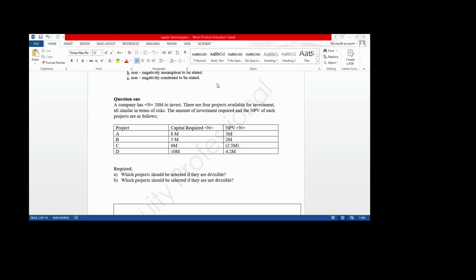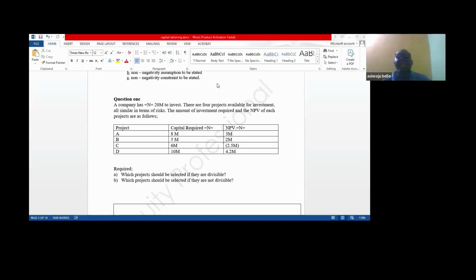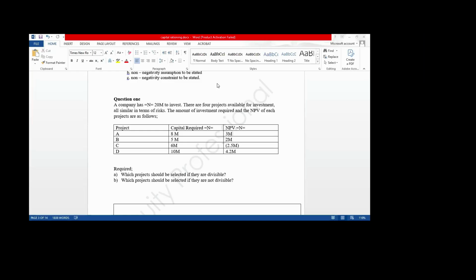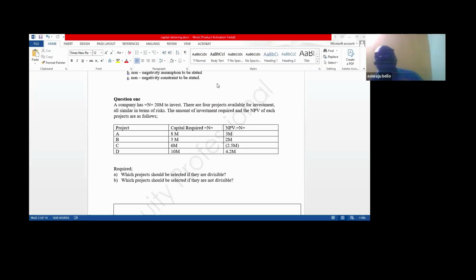Okay, page 90, illustration 6. I only have 3 questions there.